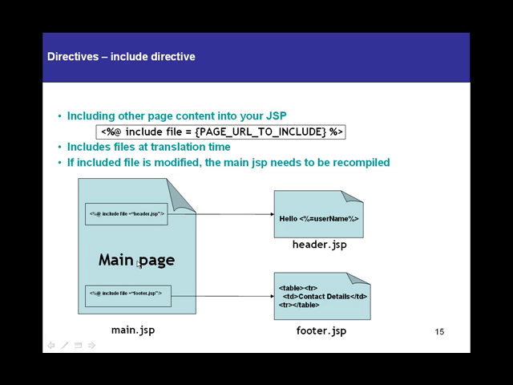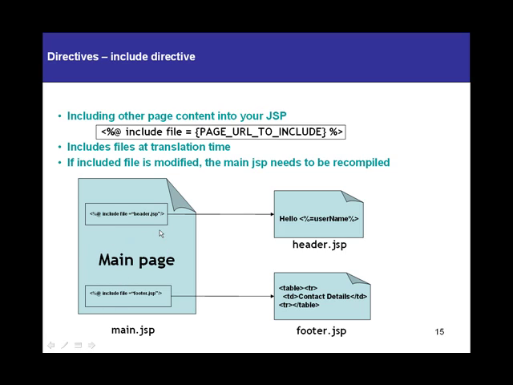But let's say one issue here that could occur with this. Let's say that I included my header and footer in my main page, right? And I rendered the page. Now later, if I had to change the header.jsp file, so initially it was hello username, and I want to change it to hi username. So I simply modify the header.jsp and save it. Will this affect my main page?